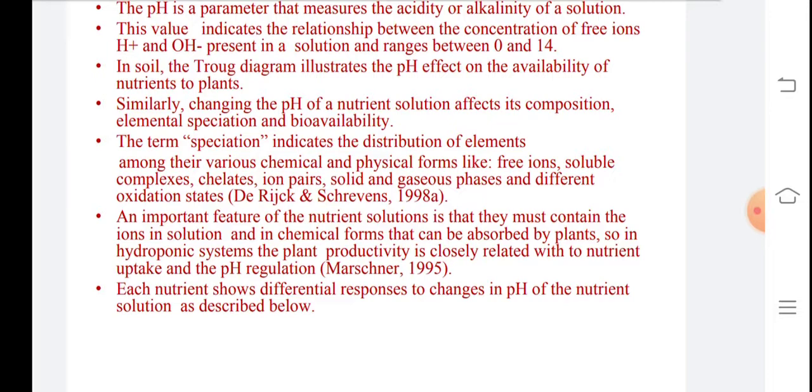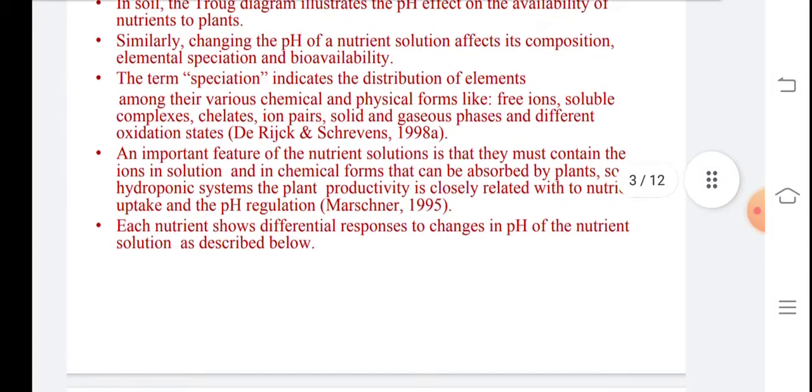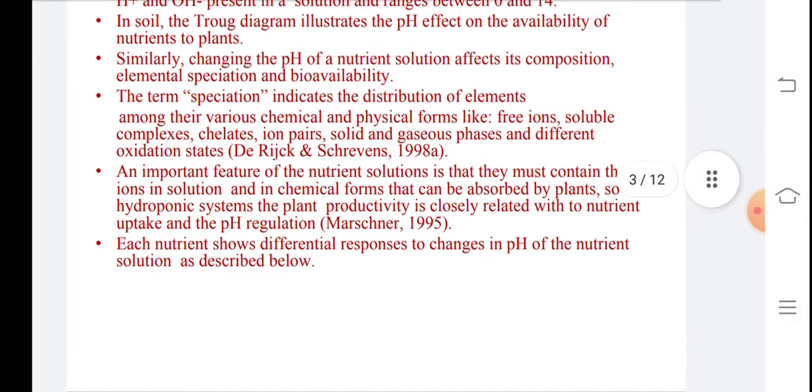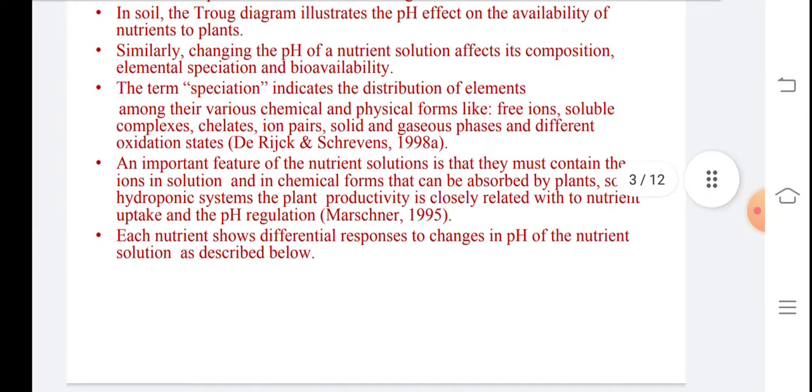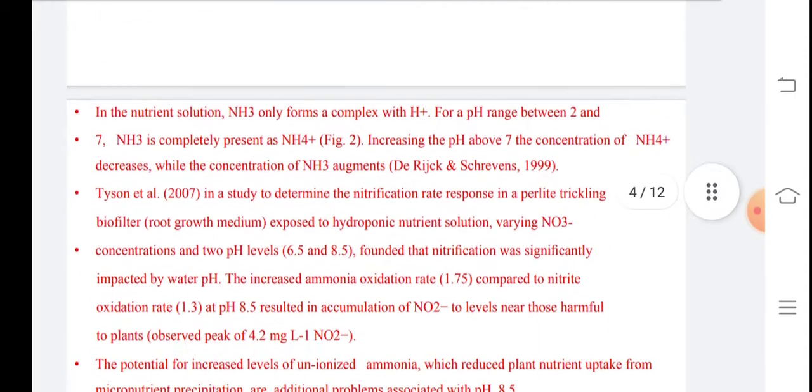So in a hydroponic system, plant productivity is closely related to nutrient uptake and pH regulation, as first shown by Marschner in 1995. Each nutrient shows differential responses to changes in the pH of the nutrient solution. The pH may change later on, so we have to maintain it.